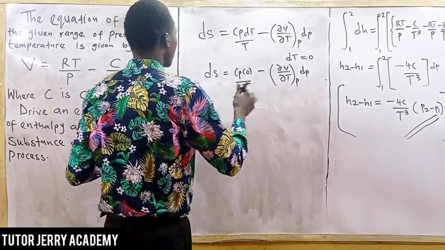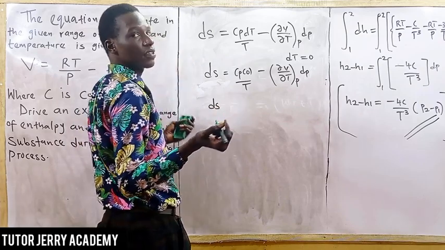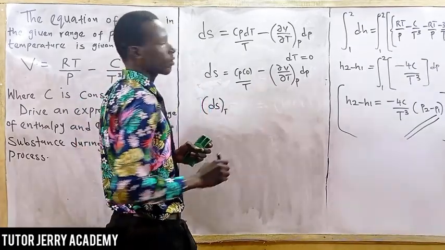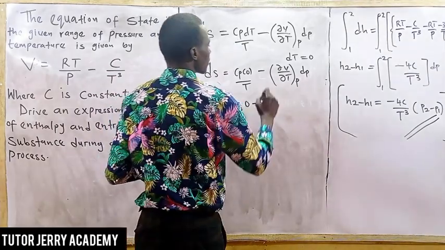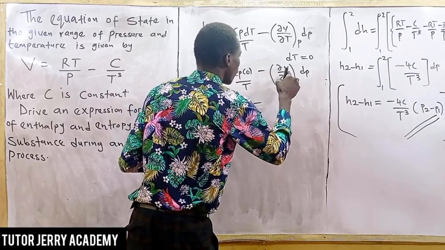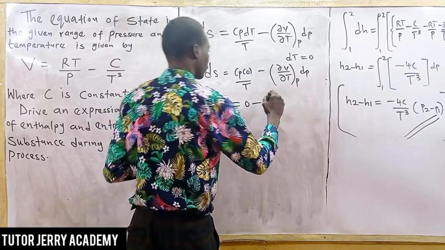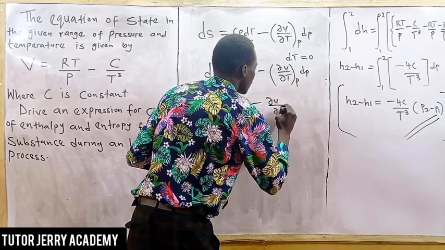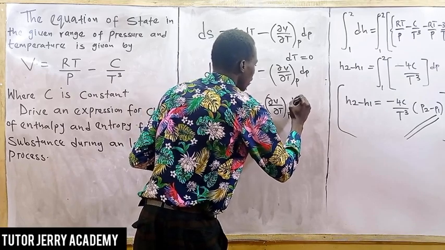This implies that this equation becomes dS, keeping T constant, equal to 0 minus the partial derivative of V with respect to T, keeping P constant, dP.